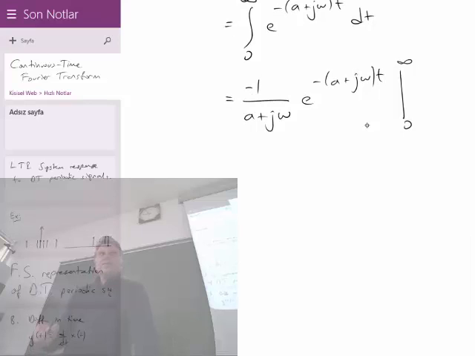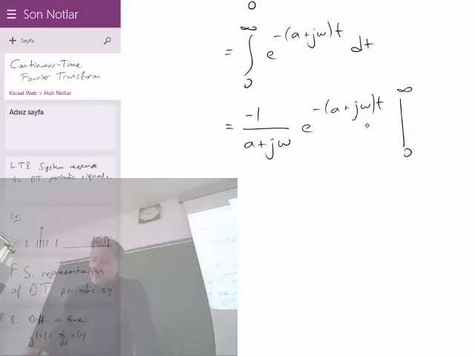As I said, the Fourier transform requires a non-divergent, a convergent signal, because we need to evaluate this integral, this magnitude, at t equal to infinity. And at t equal to infinity, this exponential must go down to 0, and it happens only if a is greater than 0.